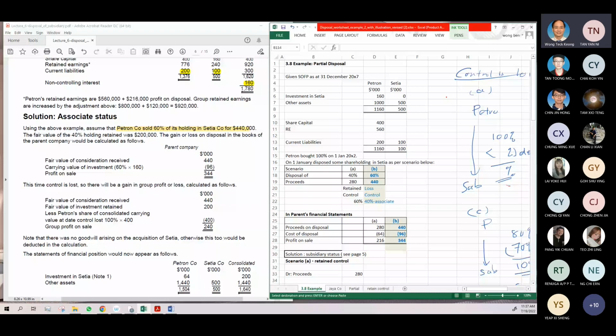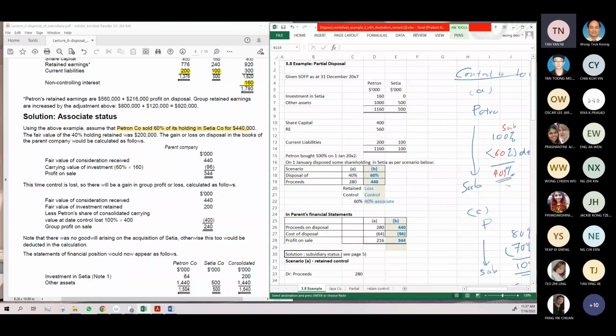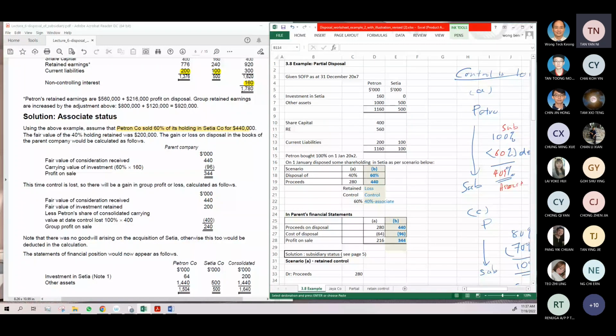So is this regaining control or losing control? The control is lost because the 100% subsidiary becomes an associate. No more subsidiary, it becomes an associate, a 40% associate. So which type of loss of control do we have?